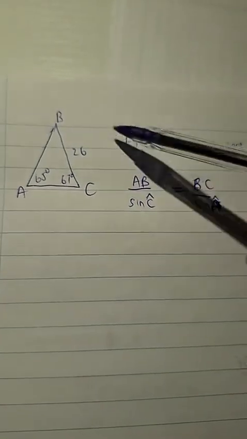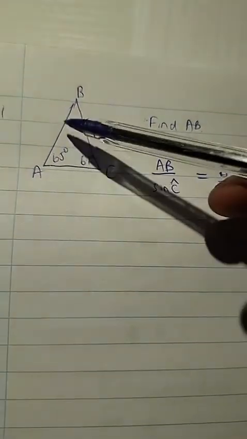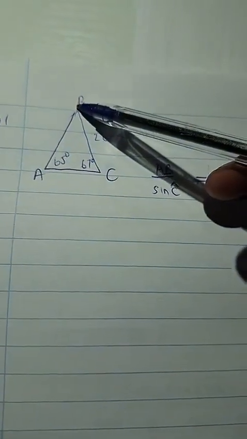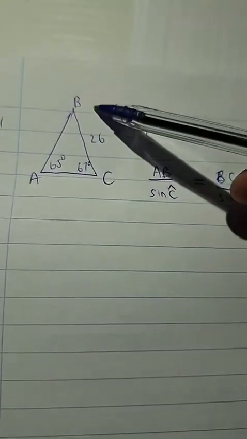What's important here is being able to identify a given. You want to utilize the side that you want that is opposite the angle that you've been given, and you can write that as a ratio equal to a given side with a given angle.